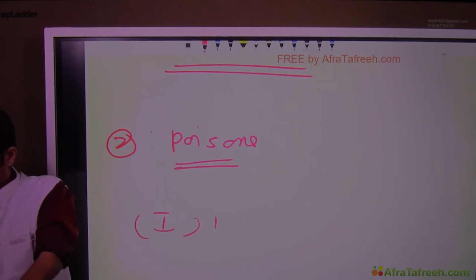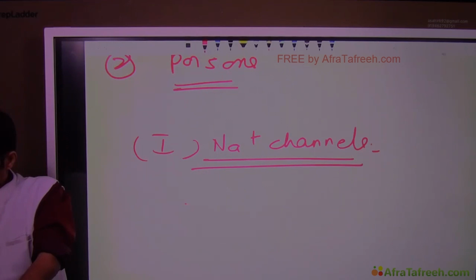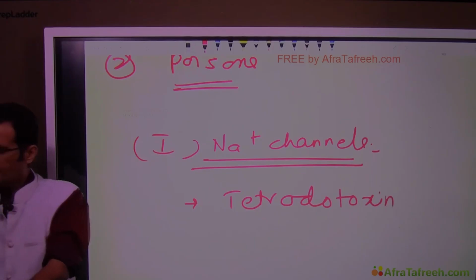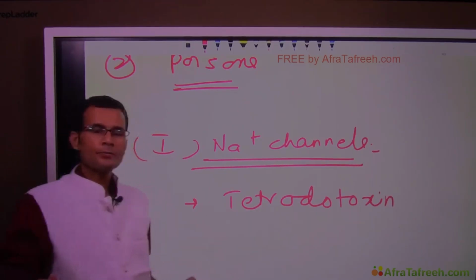Right. So voltage gated sodium channels have these poisons. Tetrodotoxin is a very specific poison for voltage gated sodium channels.